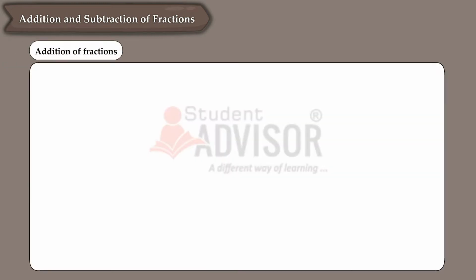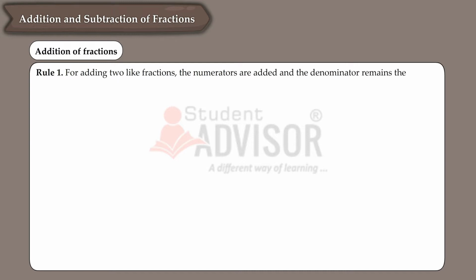Addition and subtraction of fractions. Addition of fractions. Rule 1. For adding two like fractions, the numerators are added and the denominator remains the same. Study the given example.